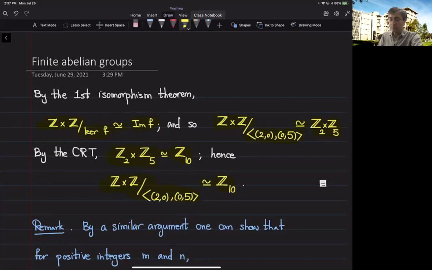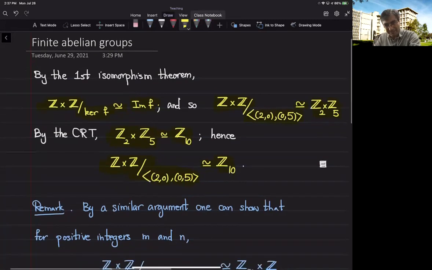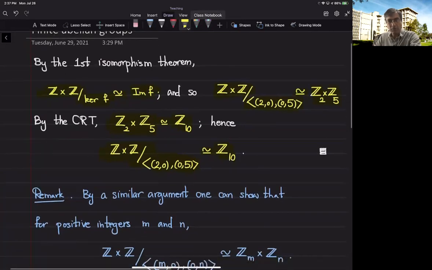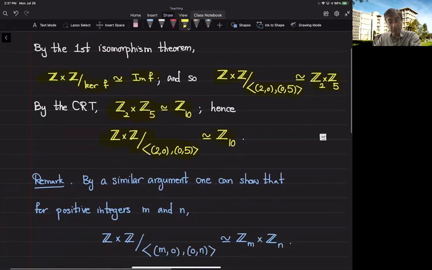So because of this special example, we got lucky. Because it was 2, 0, 0, 5 integer multiples of the standard basis, we could easily find a standard form of this quotient.